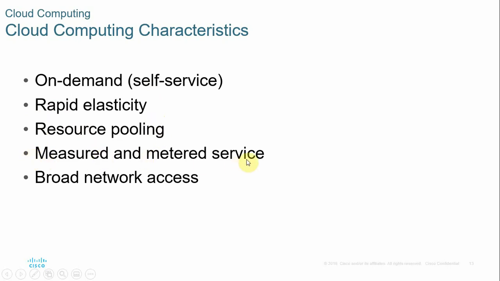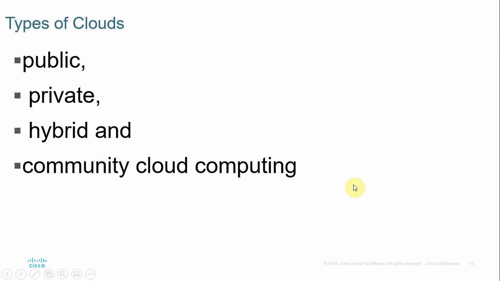Measured and metered services: you are going to pay for what you use. Broad network access. So these are some of the characteristics of cloud computing: on demand, rapid elasticity, resource pooling, measured and metered service, and broad network access.